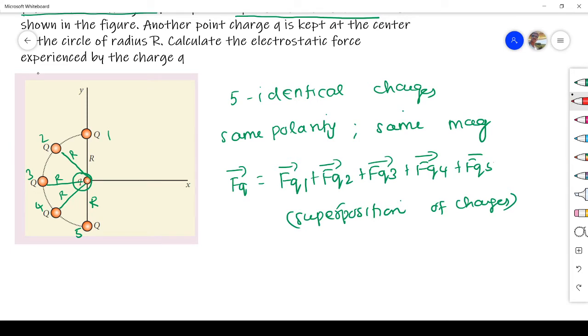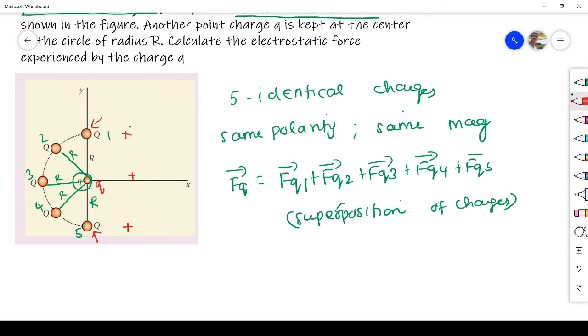Okay, now let us first simplify the problem, right? You see charge number 1 and charge number 5, their locations are exactly opposite to small q, and they are at the same distance. For example, suppose this q1 is positive, then q5 is also positive because they have the same polarity. Let us assume small q is also positive.